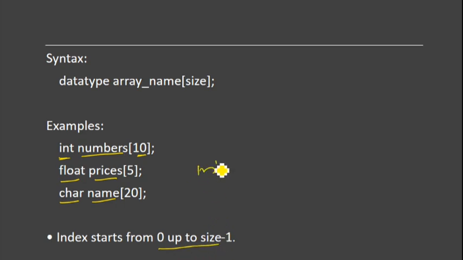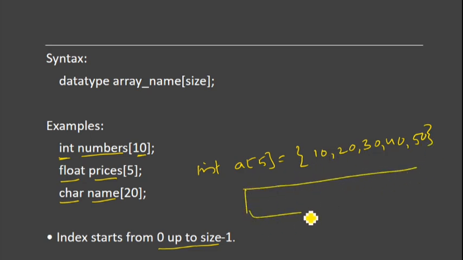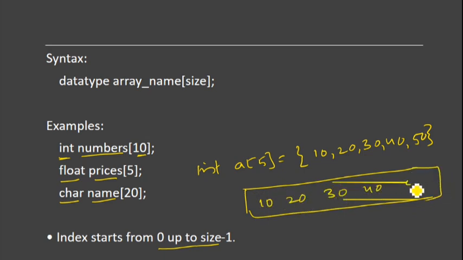For example, I am writing int a[5]. Here I am writing 10, 20, 30, 40 and 50. So total how many? 5. Now it is going to store like this. Internally memory will be allocated like this.